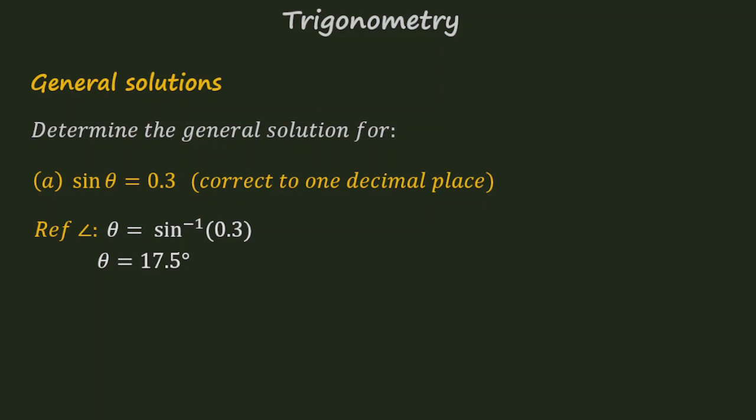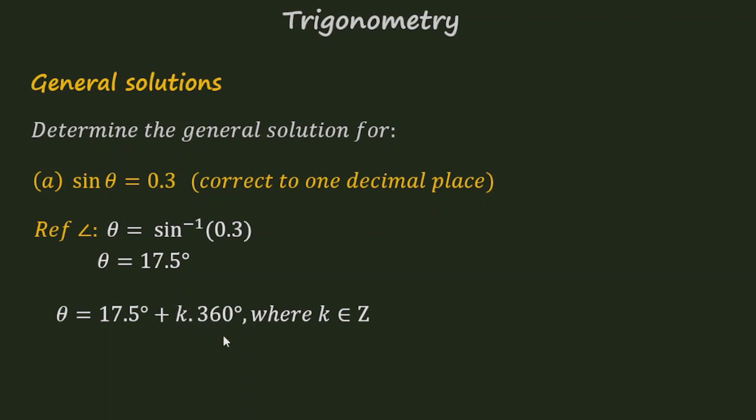Now we are going to look for the other, or we can write this using the general solution. The general solution for this: theta equals 17.5, which is our reference angle, plus k times the revolution or the period of the sine function.